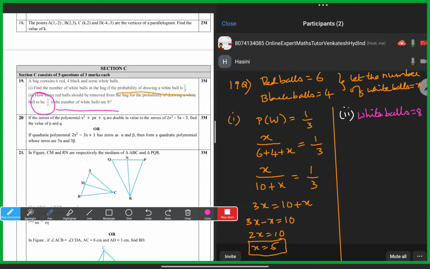Now they mentioned that red balls are removed, means black balls they didn't mention anything about. So black balls will be 4 only. They didn't mention anything about the black balls, so 4 will remain.